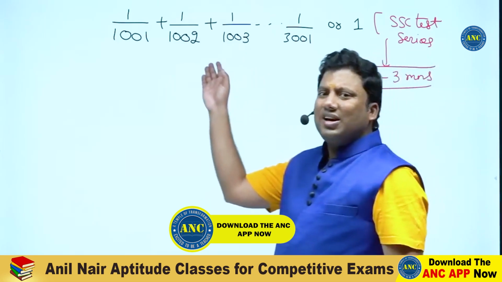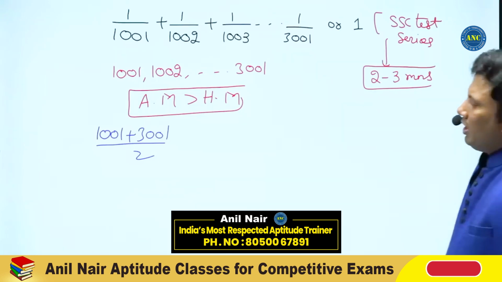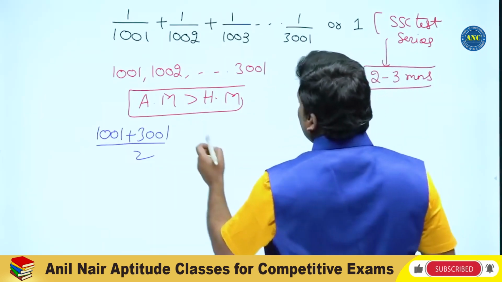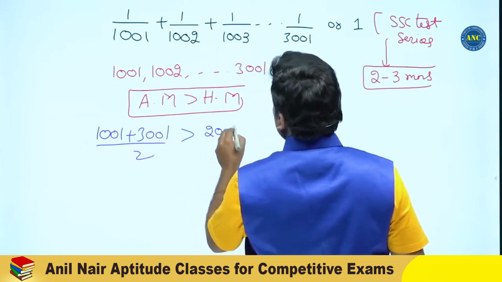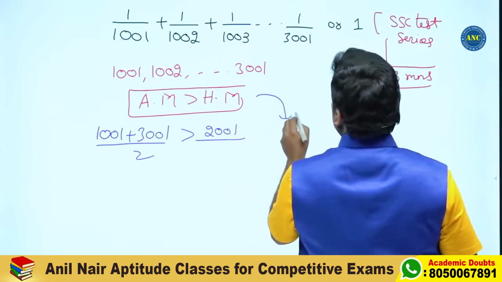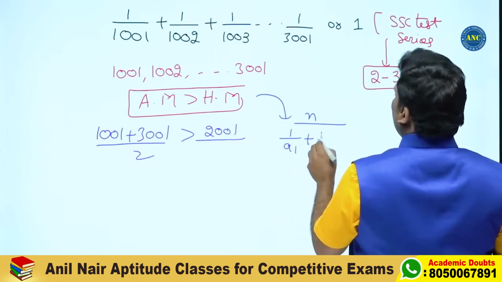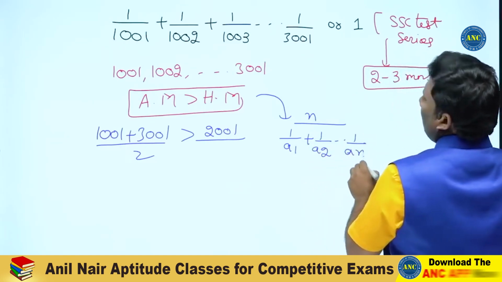What toughest, sir? See the question. AM greater than HM. AM is first term plus last term by 2, greater than. How many terms are there? 2001 terms are there, divided by HM. What is HM? HM is N by 1 by A1 plus 1 by A2 and so on up to 1 by AN.